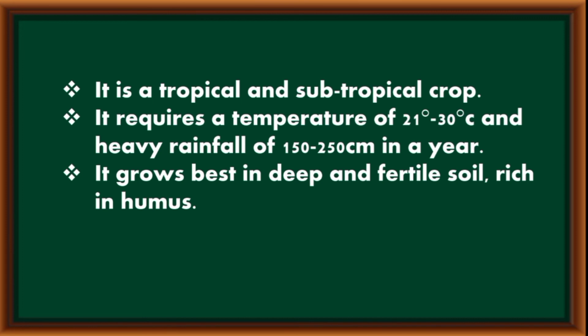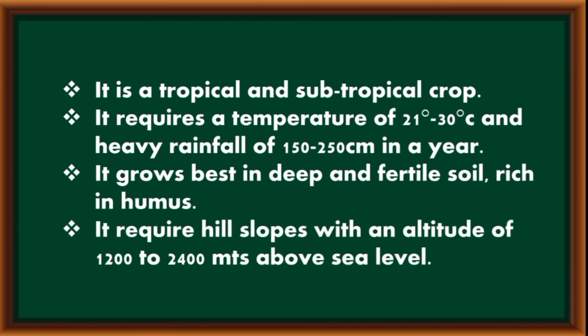It grows best in deep and fertile soil rich in humus. It requires hill slopes with an altitude of 1200 to 2400 meters above sea level. These are the conditions required for tea cultivation.